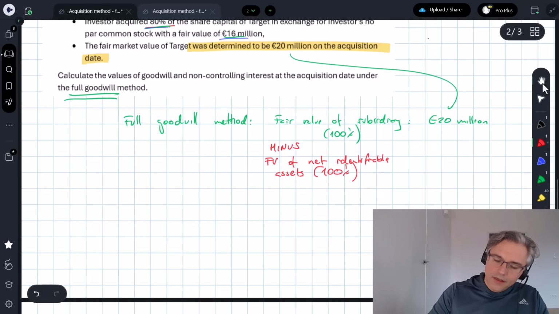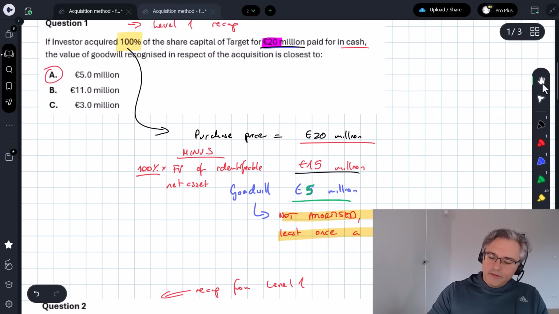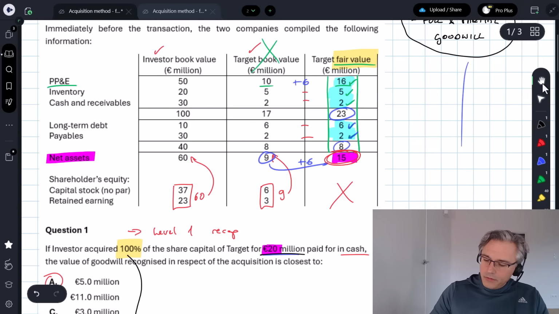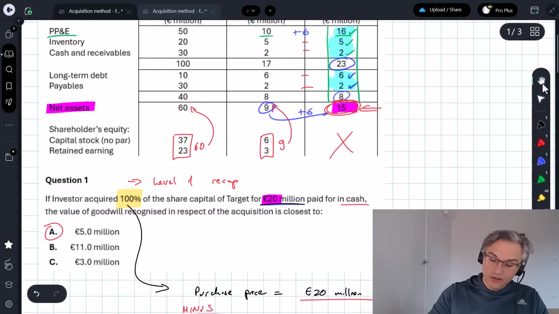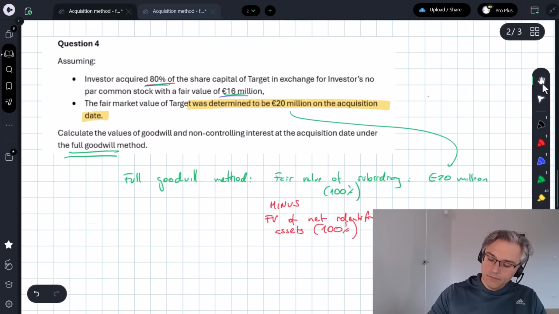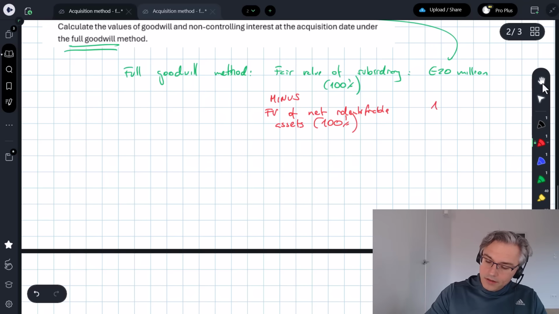And of course, let me say this probably for the last time, the fair value of the net identifiable assets over here was this 15 million. Those were the net assets of the target company. Okay. So I deduct 15 million.